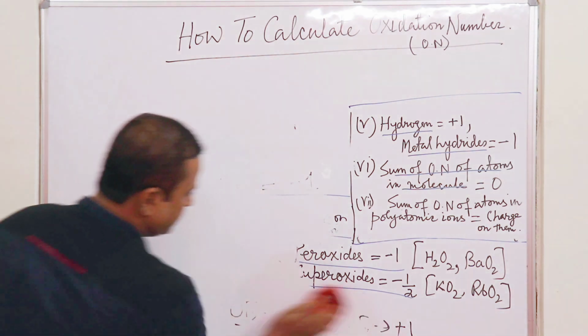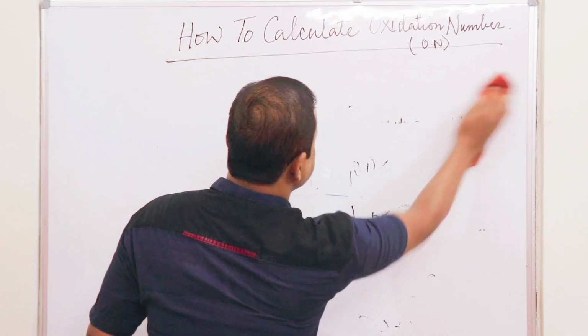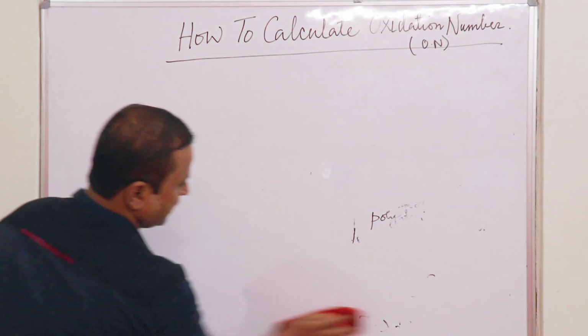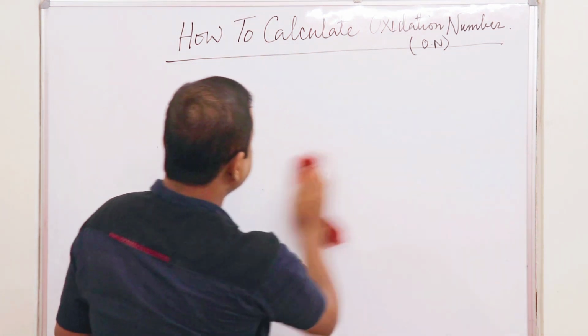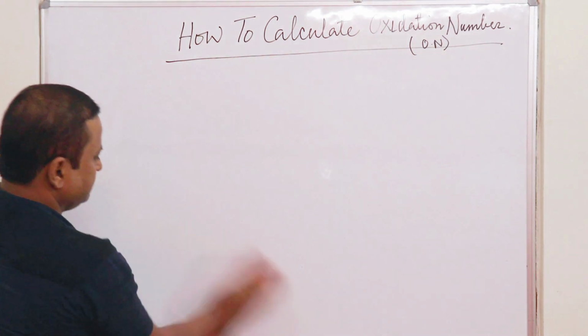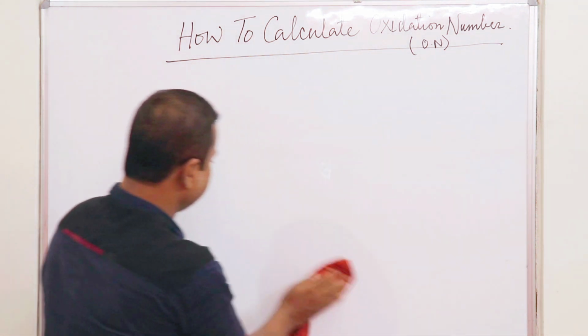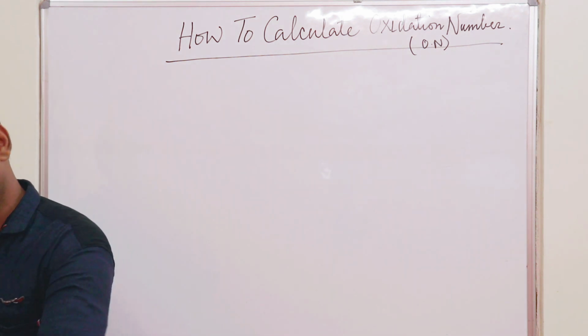So there are many questions in your NCERT book. Please solve those questions, as many questions as you can. Beside the NCERT book, you also must be having some reference book, so solve as many questions as you can. So let's take some questions.